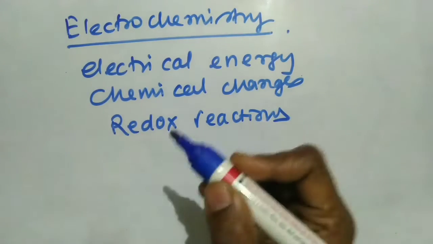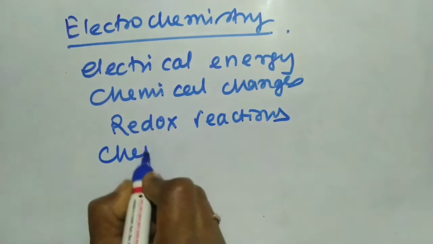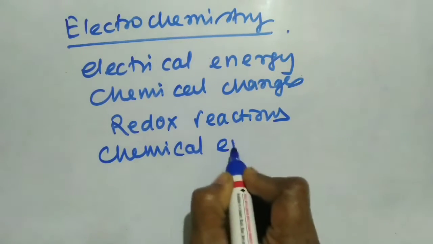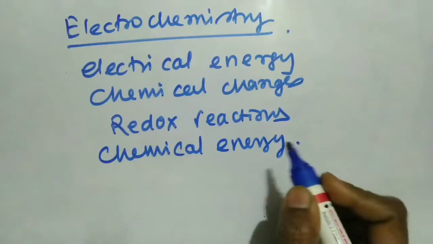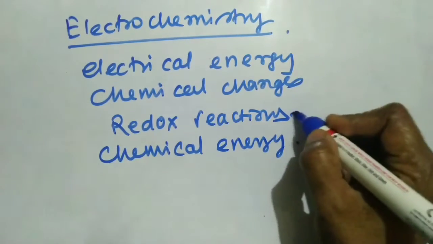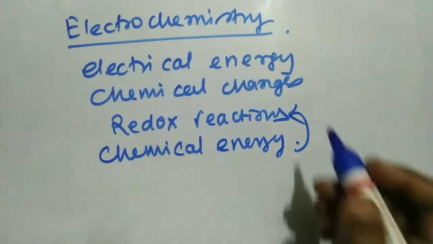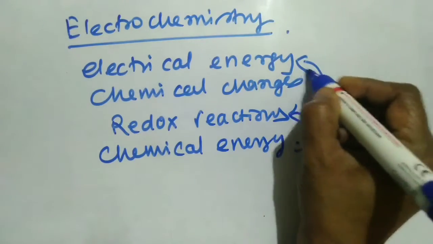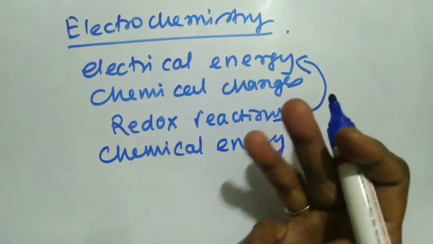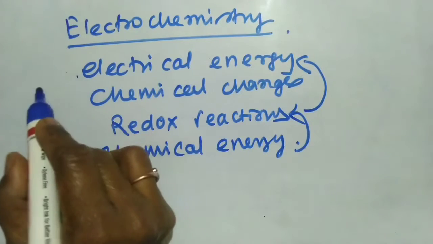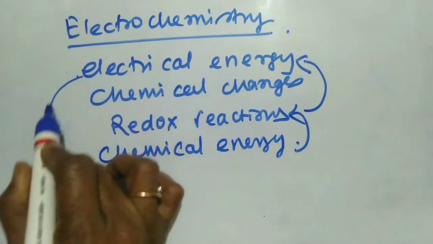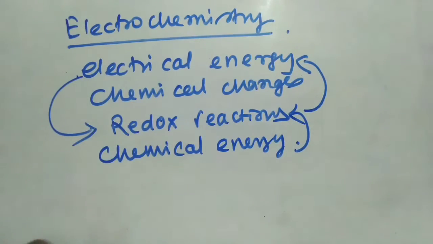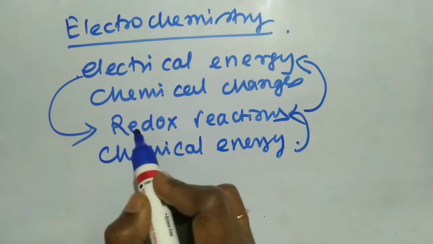That is, how the chemical energy produced in a redox reaction can be converted into electrical energy, or how electrical energy can be used to bring about a redox reaction which is non-spontaneous.